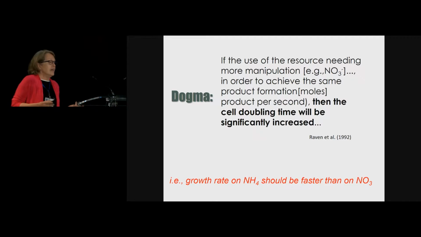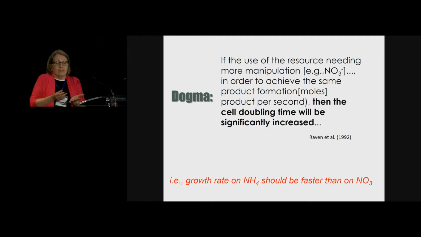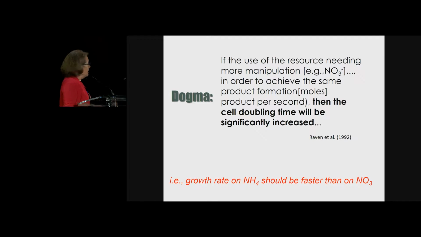So this has long led to the paradigm that cell growth on ammonium should be faster than that on nitrate because it takes more time to do those extra manipulation steps. But I'm going to show that this is perhaps not always the case.